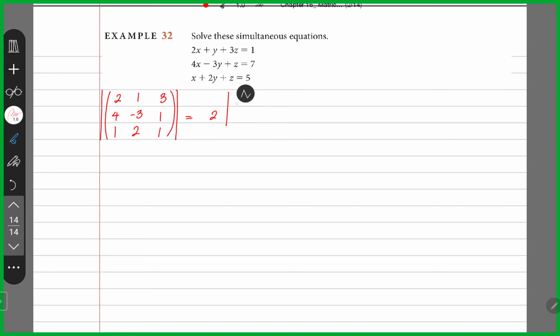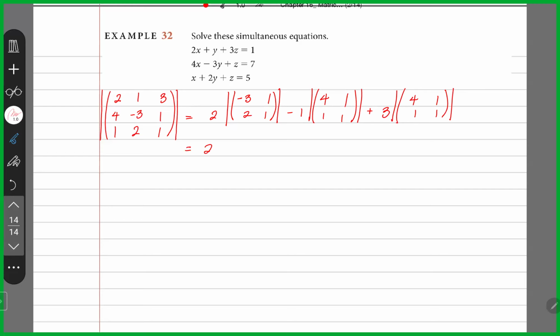The determinant of minus 3, 1, 2, 1, minus 1 times the determinant of 4, 1, 1, 1, plus 3 times the determinant of 4, 1, 1, 1.